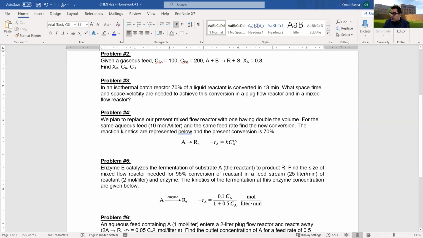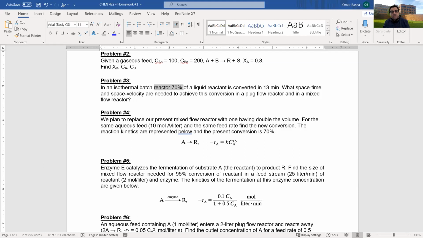Okay, so I have a batch reactor with a liquid reactant. 70% of the reactant is converted, so X, let's call it A, X is 0.7, and the time of conversion is 13 minutes. You're being asked what's the equivalent space-time and space velocity in a plug flow reactor and in a mixed flow reactor. Okay, let's go back to the whiteboard.